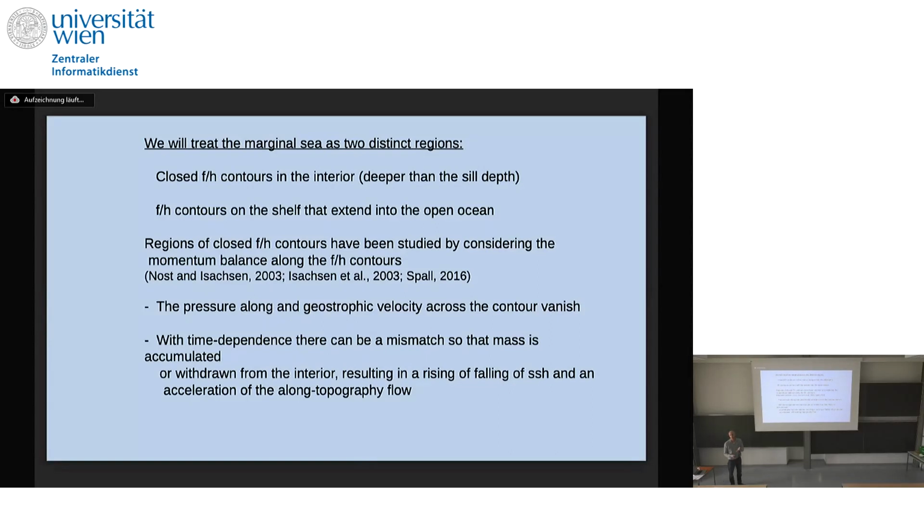That gives rise to an accumulation of water or a depletion of water within that closed contour, so the sea surface height goes up or down by a little bit. Concomitant with that, there's a big pressure gradient because the sea surface height is changing, and that drives the circulation along the topographic contours. So when there's time dependence in the forcing, we can anticipate a spin up and spin down of flow along the contours.